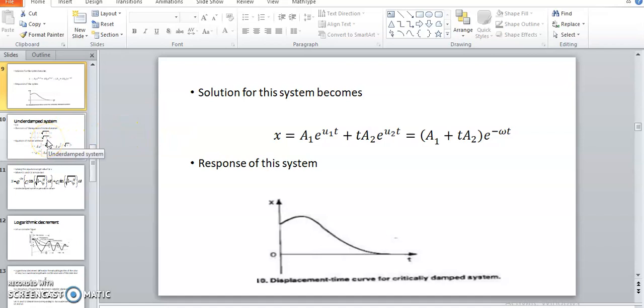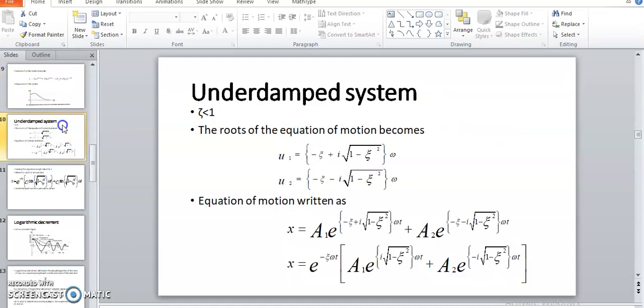Now we discussed the first case as two roots real and unequal. The second case is two roots real and equal. Now the third case we discuss is two roots unequal but imaginary, and here zeta is less than 1.